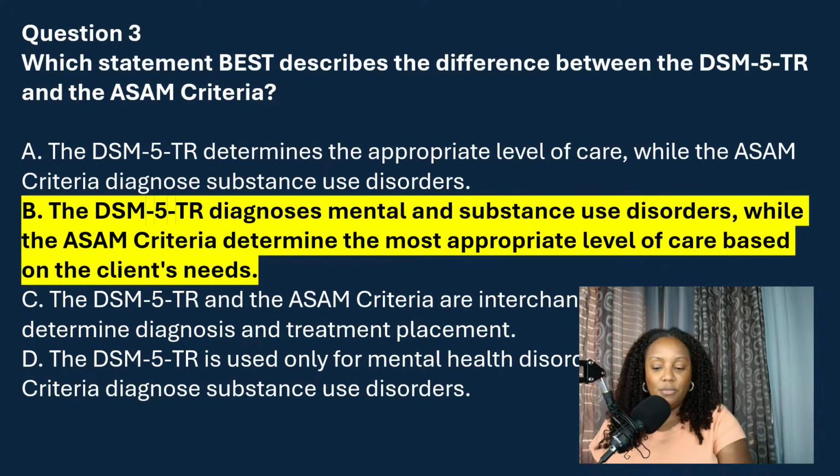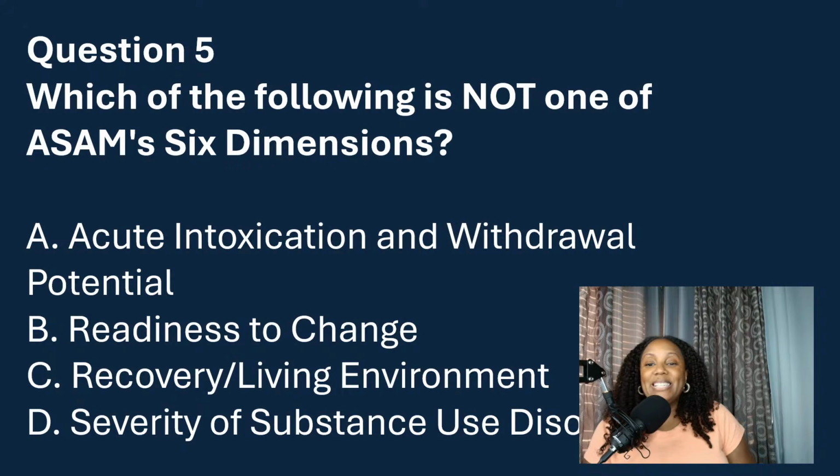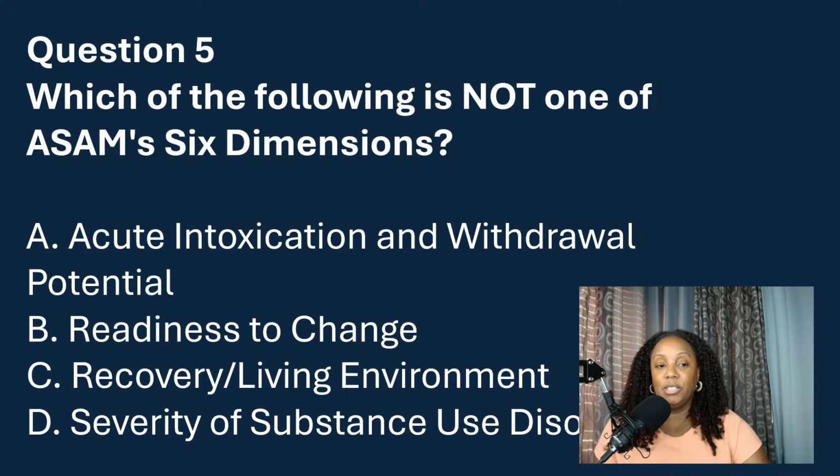Did I skip question 4? Sorry, guys. Question 5. Which of the following is not one of the ASAM 6 dimensions? A, acute intoxication and withdrawal potential. B, readiness to change. C, recovery, living environment. Or D, severity of substance use disorders.